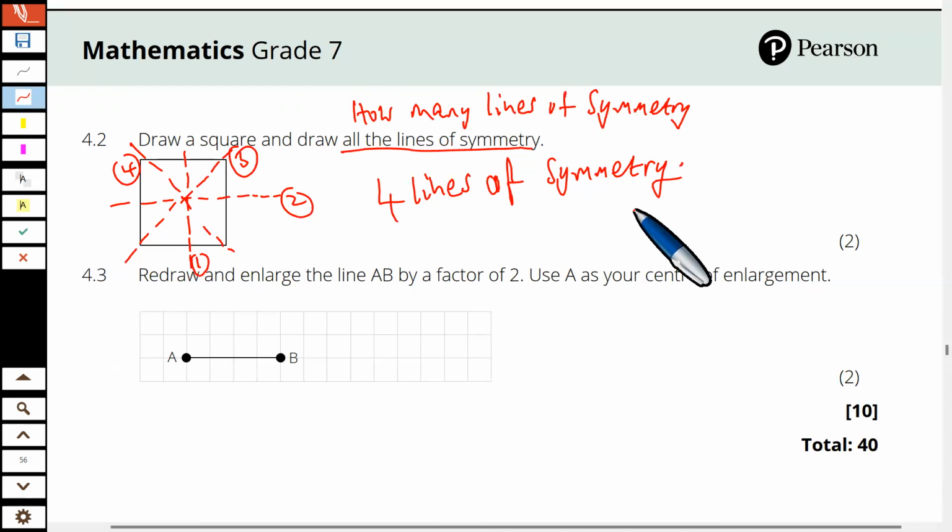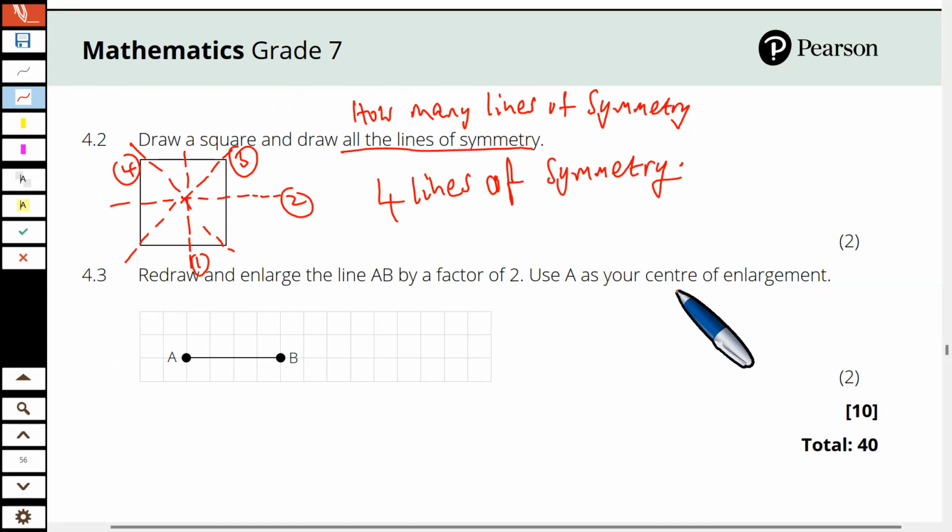If you look at 4.3, redraw and enlarge the line AB by a factor of 2. Use A as your center of enlargement.